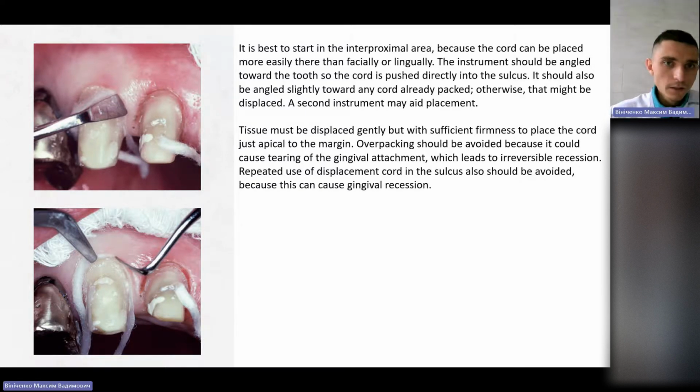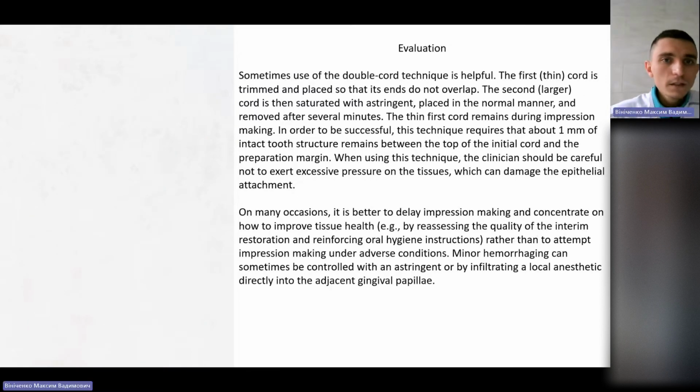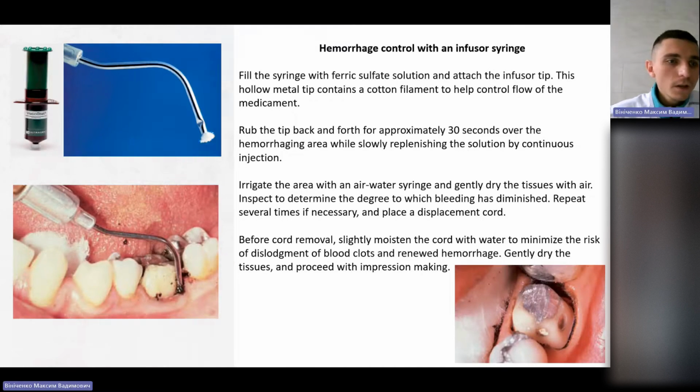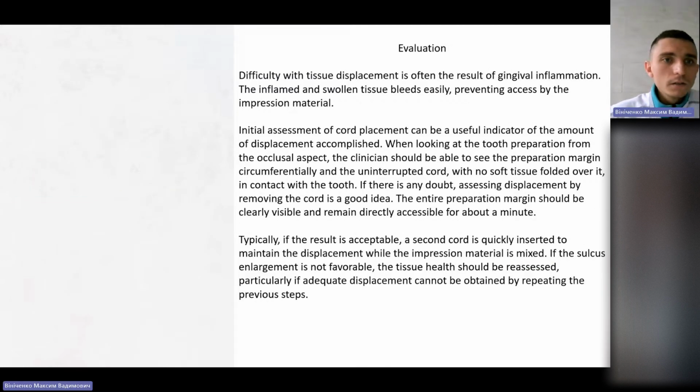A second instrument may aid placement. And evaluation. Difficulty with tissue displacement is often the result of gingival inflammation. The inflamed and swollen tissue bleeds easily, preventing access by the impression material.